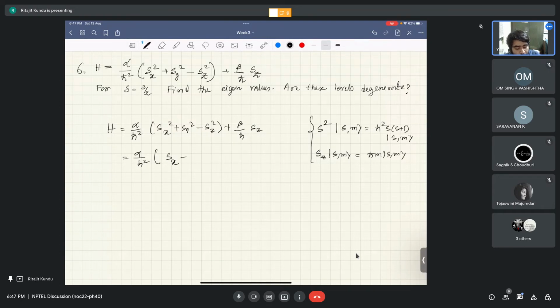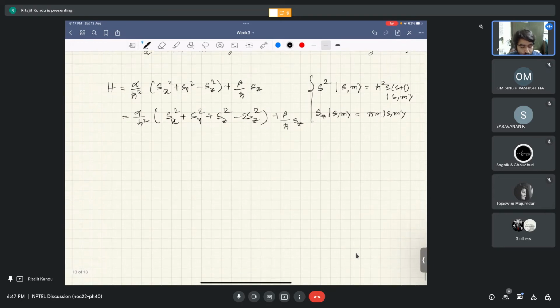So how can we do that? Here I'll just add an Sz square, and I'll have to subtract the Sz square again. There is additionally a minus Sz square before, so that's why it becomes minus 2 Sz square. And then I am left with beta h bar Sz. Alpha and beta are just constants, whose values you don't need.